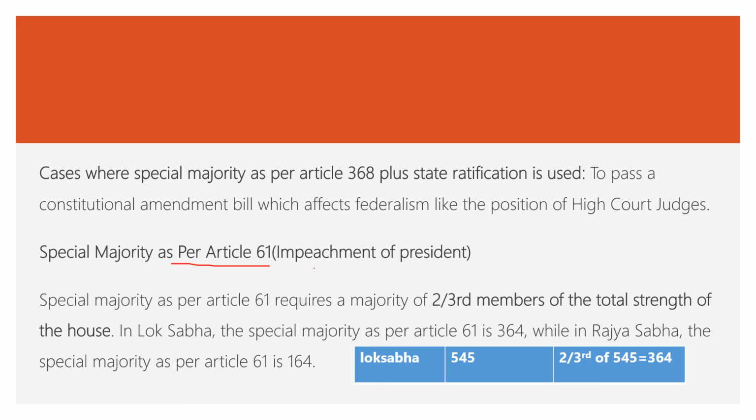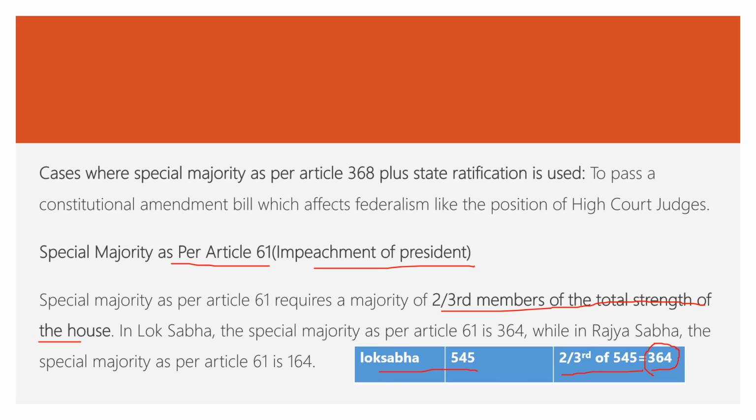this is impeachment of the President. For this impeachment, you need 2/3 members of the total strength of the house. This is one of the highest supports you need for any parliament legislation. For example, right now the Lok Sabha strength is 545. 2/3 of 545 is 364 members who need to give their consent.